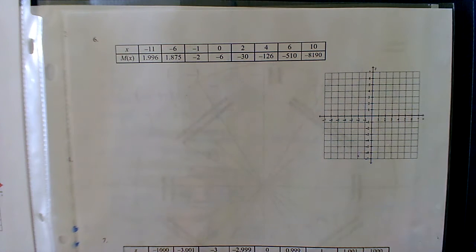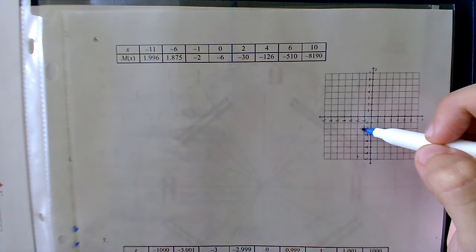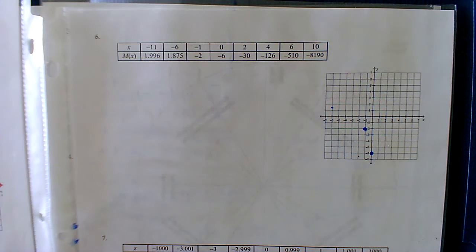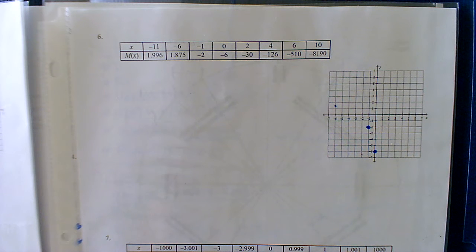Plot some points for 6. We can only really plot 3 points, right, based off of the graph we're given.